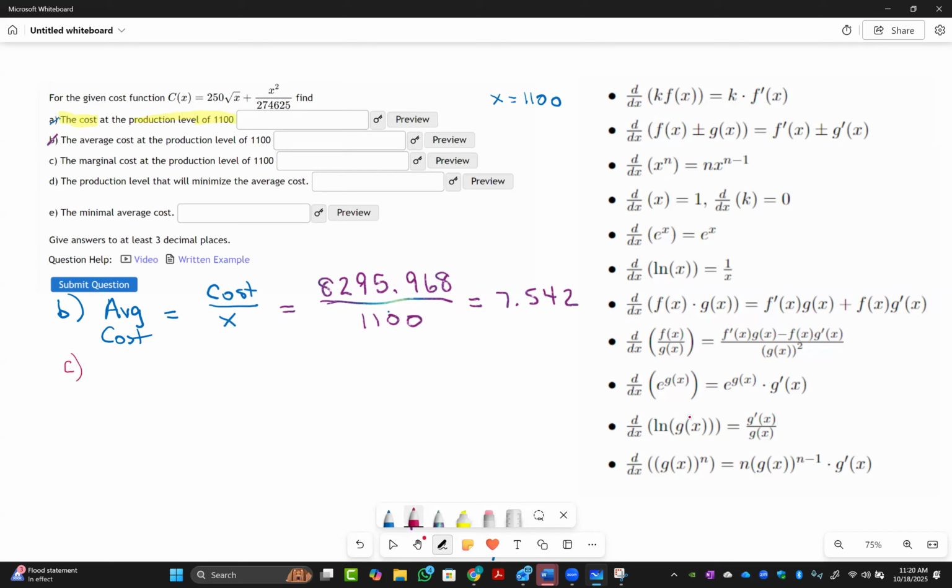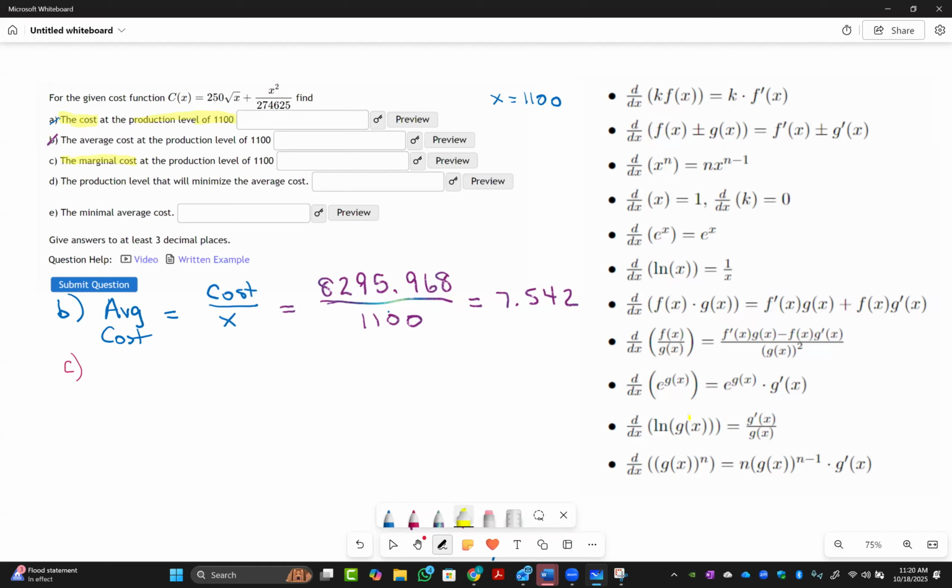And then the marginal cost would be the derivative of the cost. Remember, anytime it says marginal, it's the derivative of whatever comes next. So it's the derivative of the cost, right? You with me? Yes.